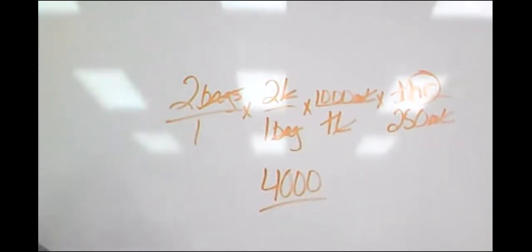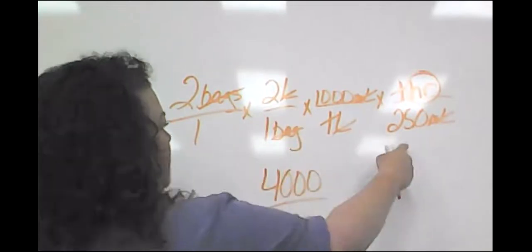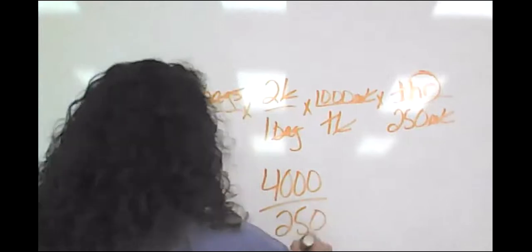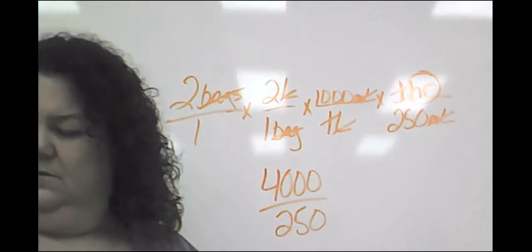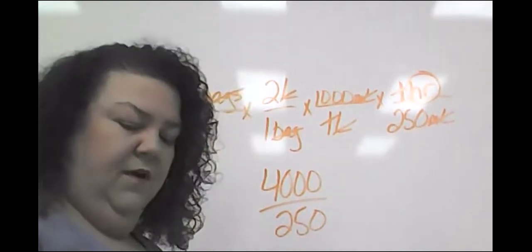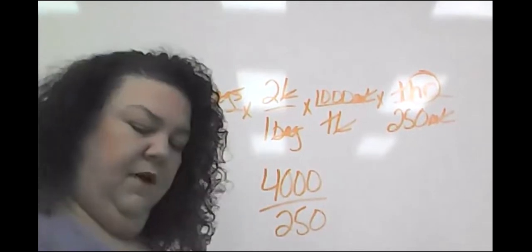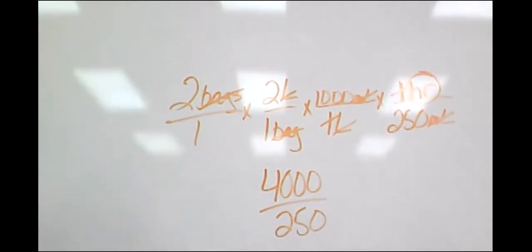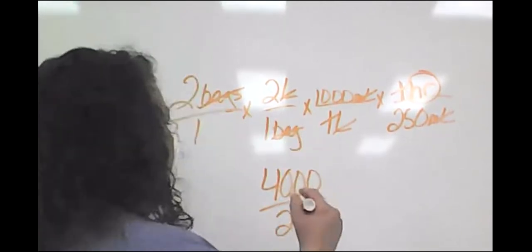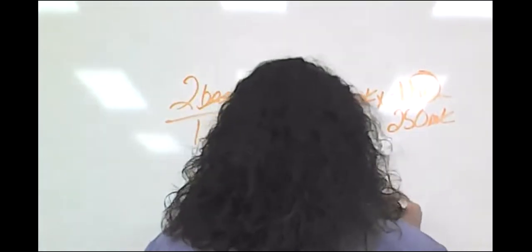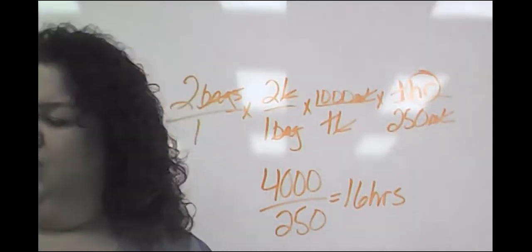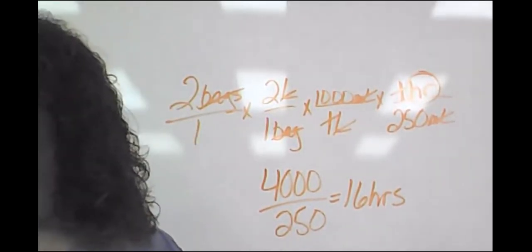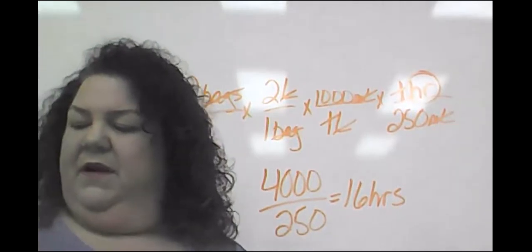For the denominators, I'm left with 1 times 1, which is 1, and 1 times 250, which is 250. So 4,000 divided by 250 equals 16 hours. Now, remember, our question actually asked, when will both bags be completely administered?